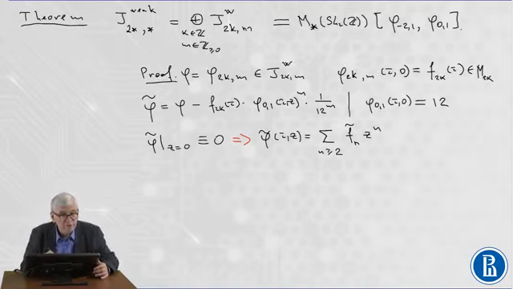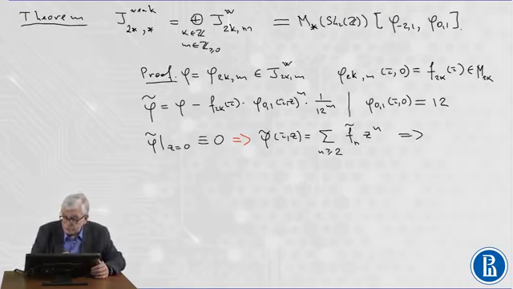Because the weight of this function is even, we have only even powers of z in the Taylor expansion. But we know that the function phi minus 2,1 has zeros exactly of order 2.